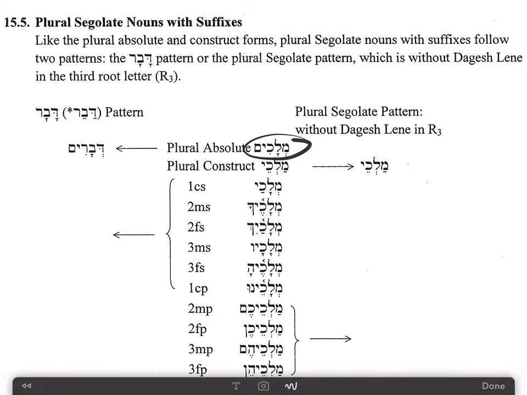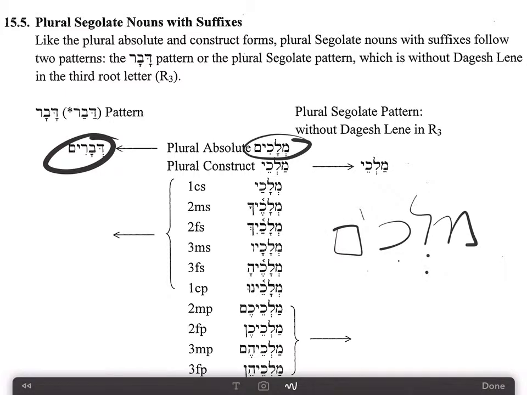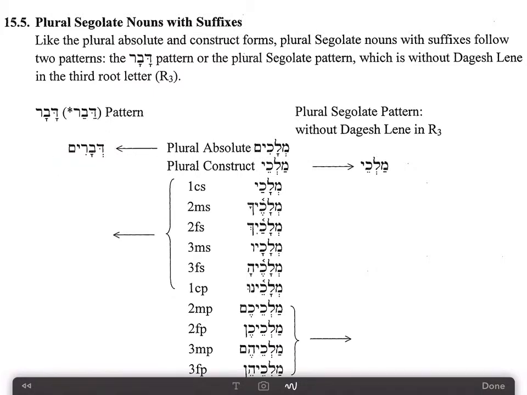That looks an awful lot like devarim versus malchim. We don't get that as our plural absolute. What we get is melachim. So in these plural segolates, sometimes they'll follow the davar pattern, other times they follow the segolate pattern with one vowel.